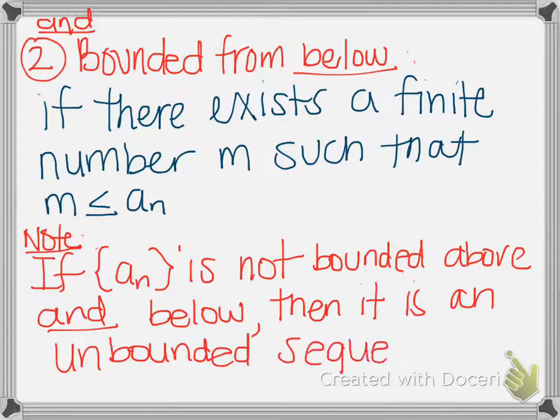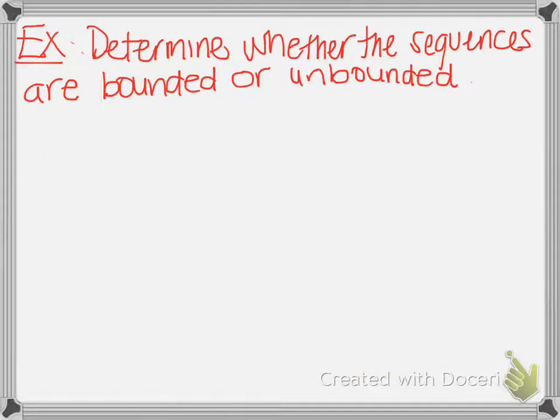Okay. So keep in mind it has to be bounded above and below. Now we're going to take a look at some sequences and determine whether they're bounded or unbounded.